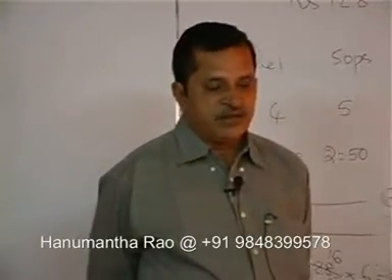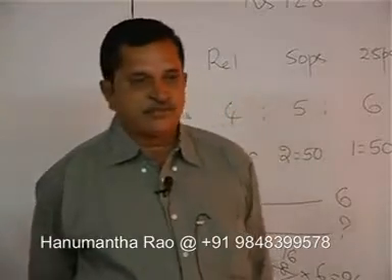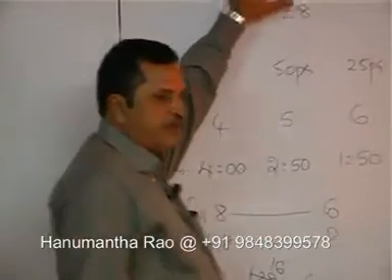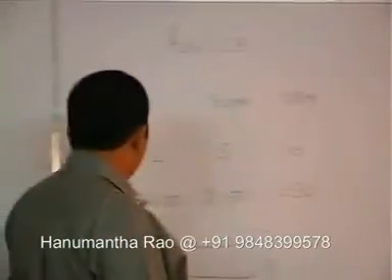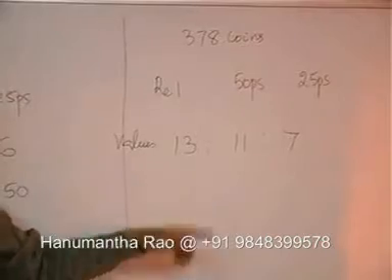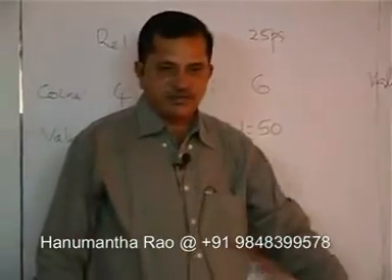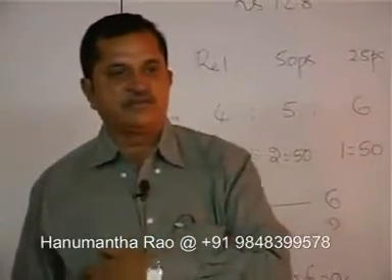You observe the difference between the two problems. Here rupees are given, here coins are given. Here the coins ratio is given, here the values ratio is given. But finally the question is the same: how many 25 paise coins or how many 50 paise coins are there?